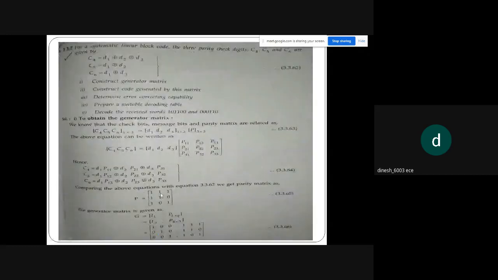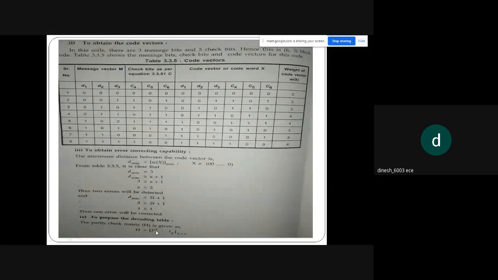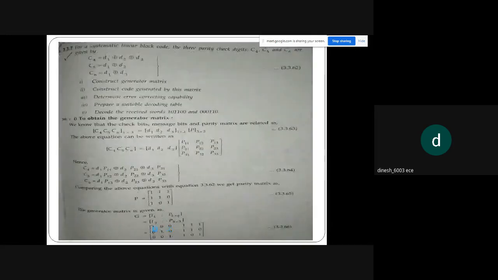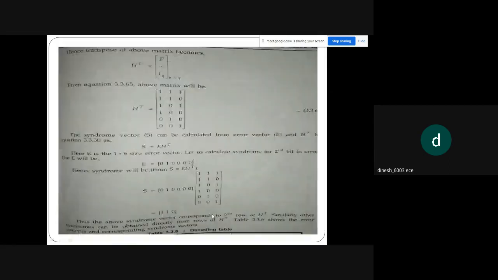So make the transpose of that P. Here we have P, so you make the transpose of it and write it as H. And then I_Q is the identity matrix. Here we have the identity matrix 100, 010, 001. So take these two and prepare H.